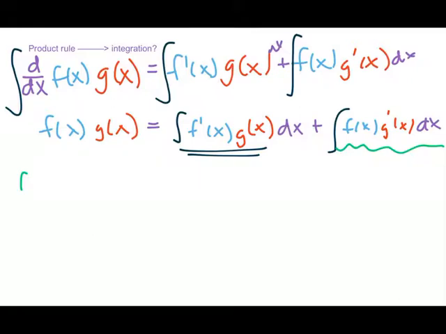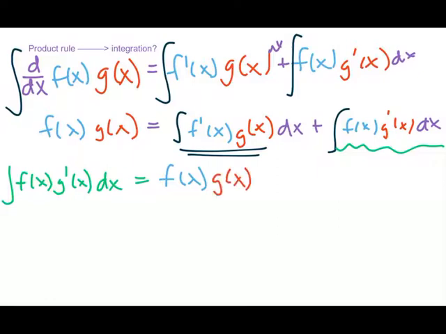So the integral of f of x, g prime of x, dx is equal to f of x, g of x, minus the integral of f prime of x, g of x, dx.